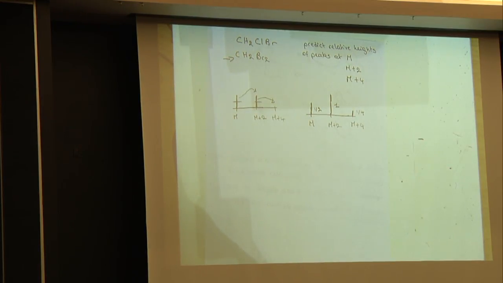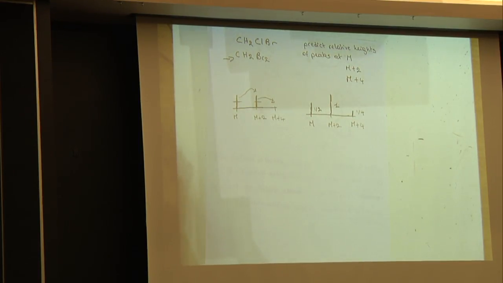Bromine has 50% isotope, I'm sorry, 50% of its isotope has 2 extra neutrons, making it bromine 81 instead of 79. And you've also covered chlorine. Chlorine has 75% isotope 35 and 25% of its isotope 37.